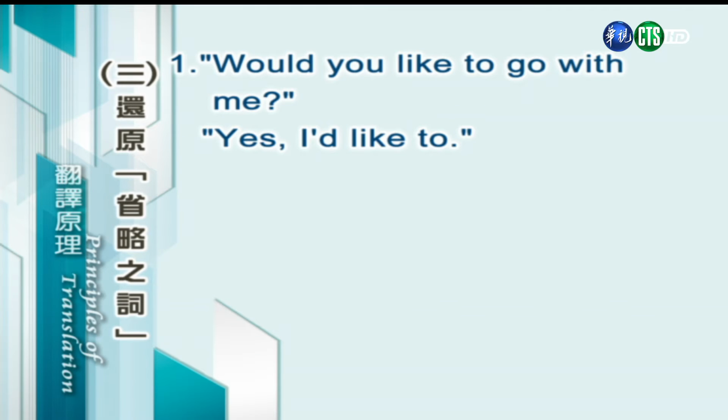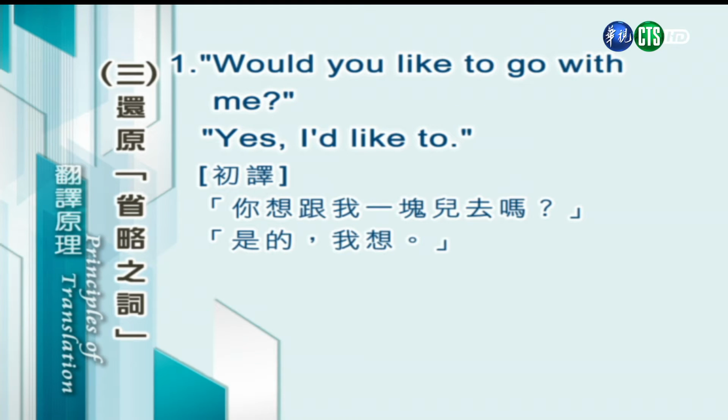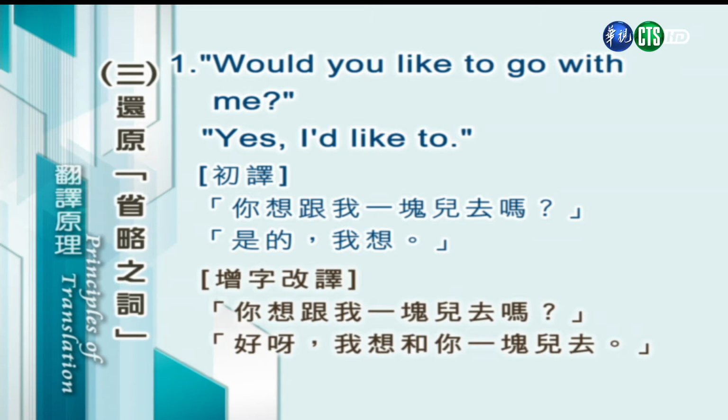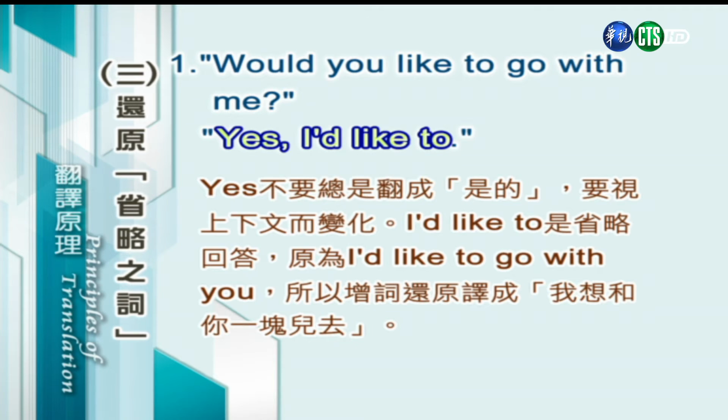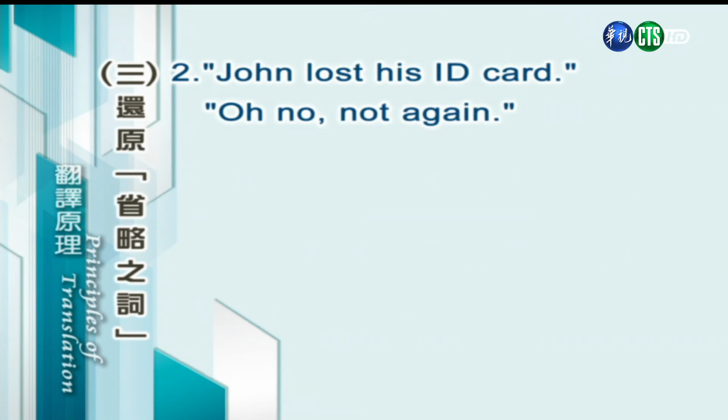Yes, I'd like to. 我们字面翻，你想跟我一块儿去吗？是的，我想。我们增加词翻翻看，你想跟我一块儿去吗？好呀，我想和你一块儿去。这个 yes 不要总是翻成是的，要看上下文来做一些变化。I'd like to 它是省略了，应该是 I'd like to go with you。所以我们增加几个词翻成我想和你一块儿去，比较清楚。John lost his ID card.